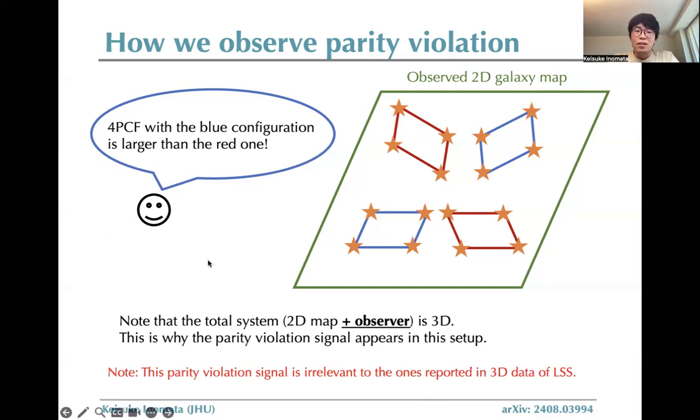Please note that the total system, the 2-dimensional map plus the observer, is 3-dimensional. This is why the parity violation signal appears in this setup. Please note that this parity violation signal is irrelevant to the ones reported in the 3-dimensional data of large-scale structures.